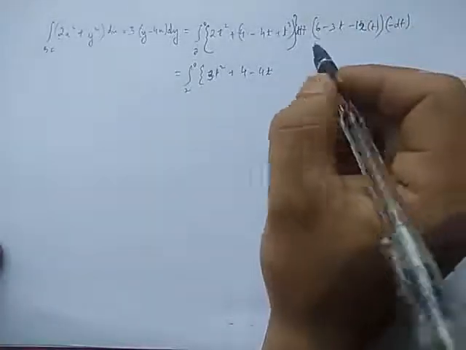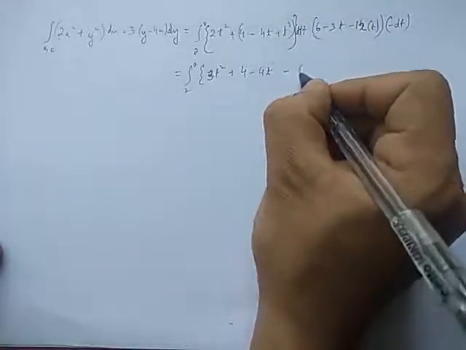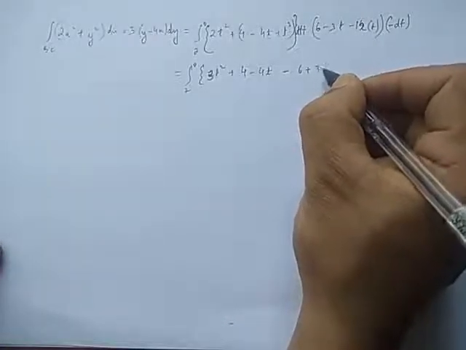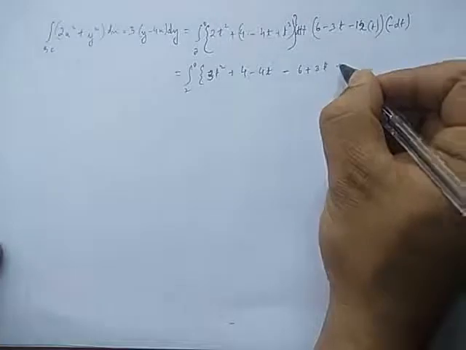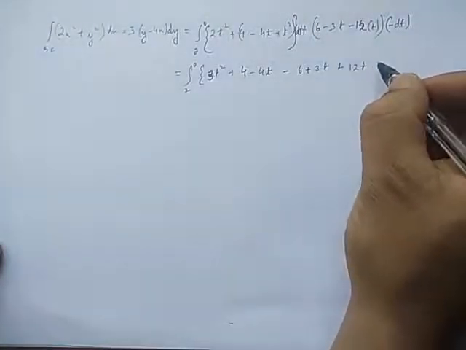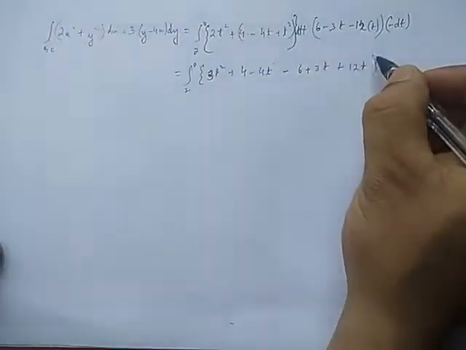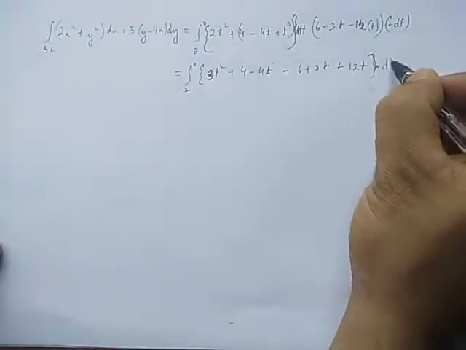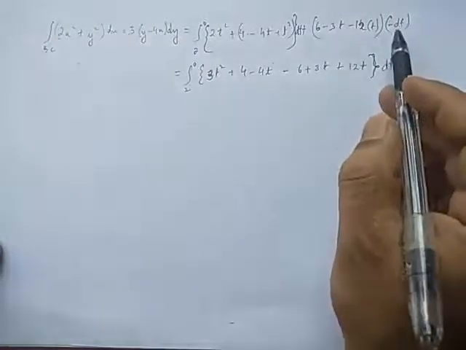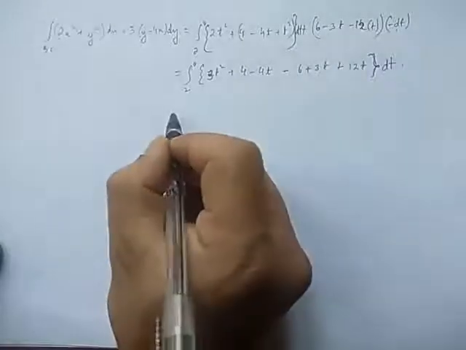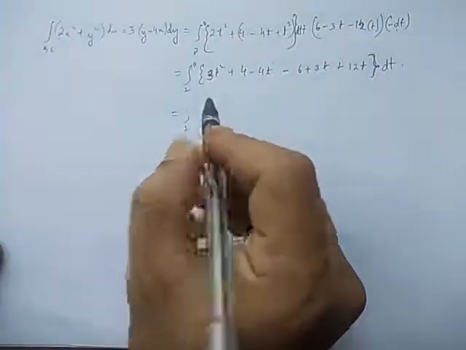Instead of here I can put minus 6 plus 3t plus 12t. Sorry, I use curly brackets, so the minus will multiply all of this.